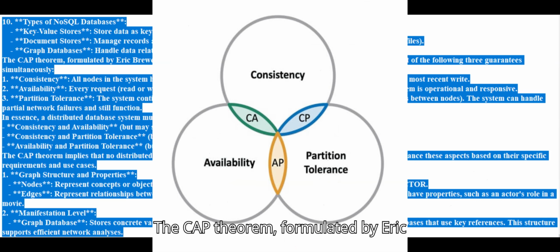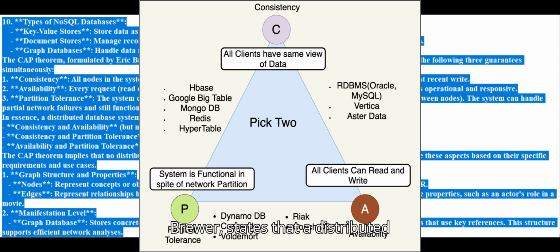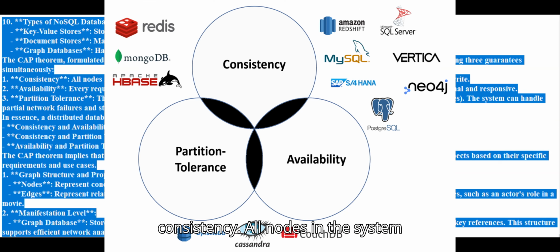The CAP theorem, formulated by Eric Brewer, states that a distributed database system can only achieve at most 2 out of the following 3 guarantees simultaneously. 1. Consistency. All nodes in the system have the same data at the same time. A read operation will always return the most recent write. 2.